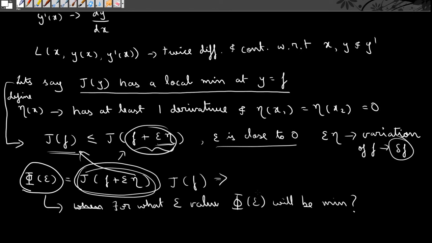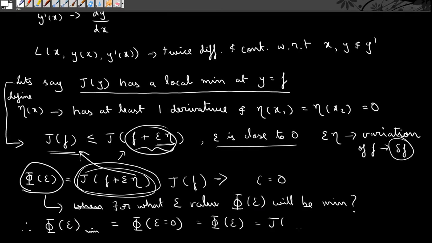So that can happen only when epsilon is equal to 0. So therefore phi epsilon minimum is equal to phi of epsilon equal to 0, which is basically J of f.